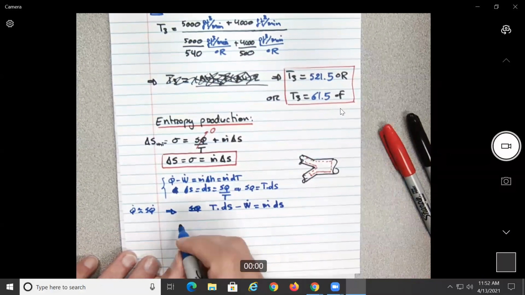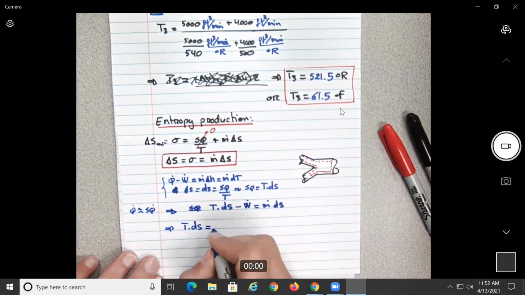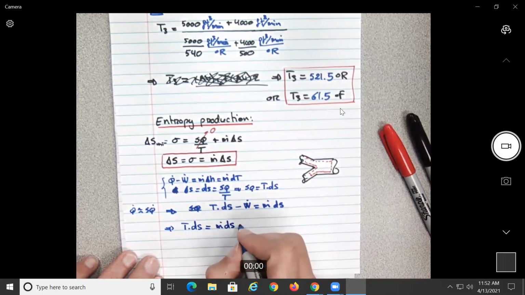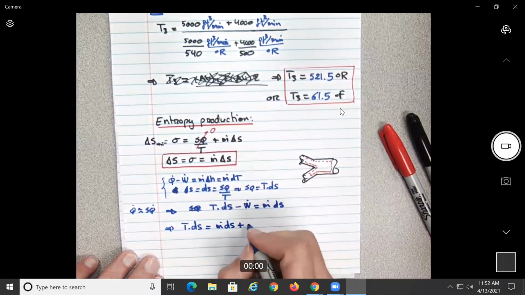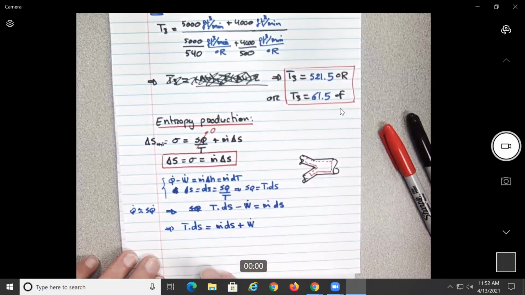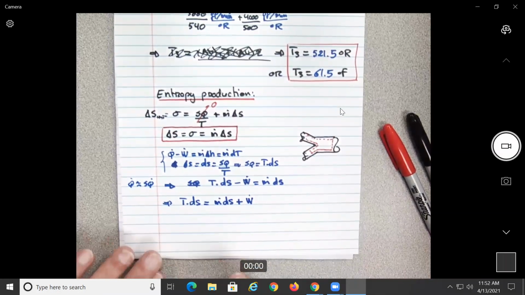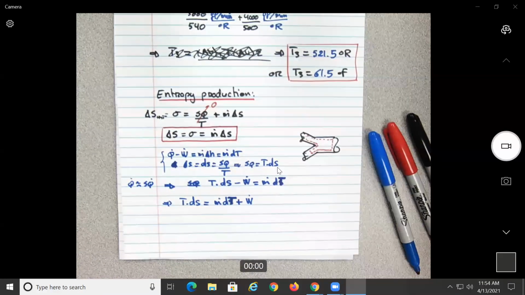So when we did the derivation, we had TdS equal to m dot dS plus the power. Okay, so this is the equation we have.